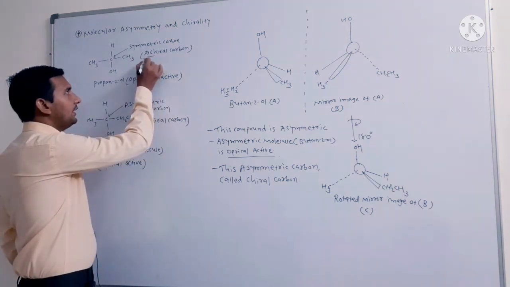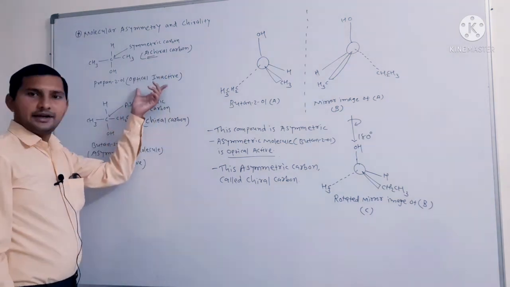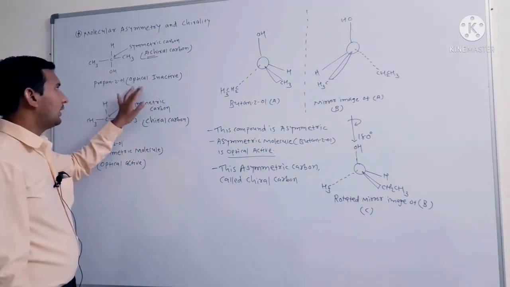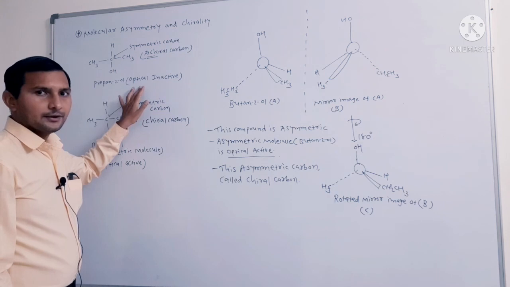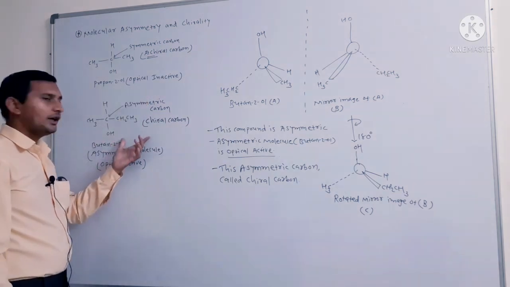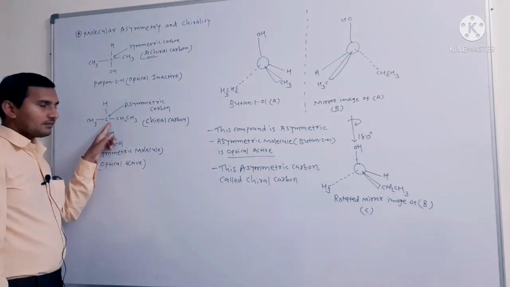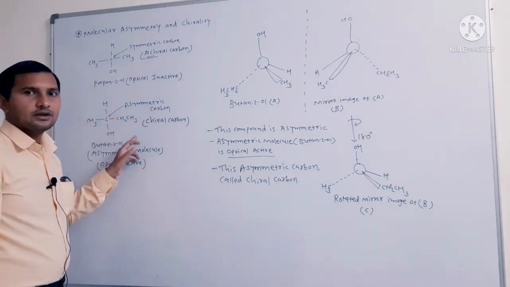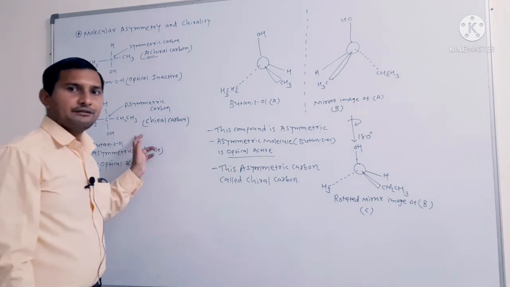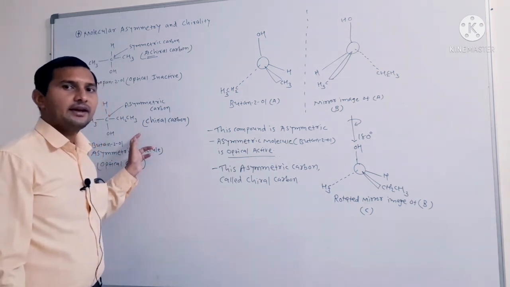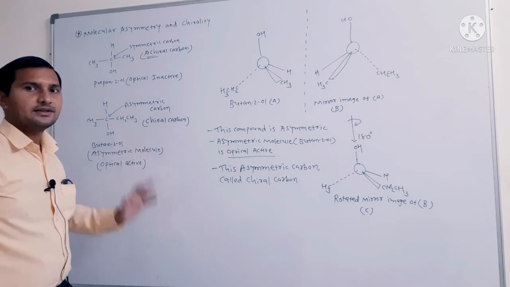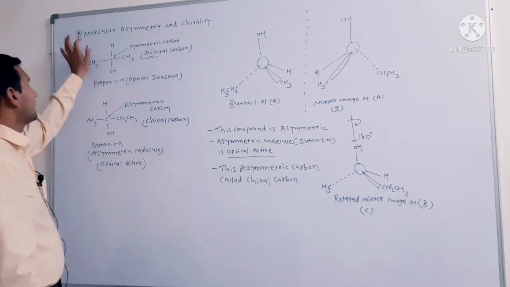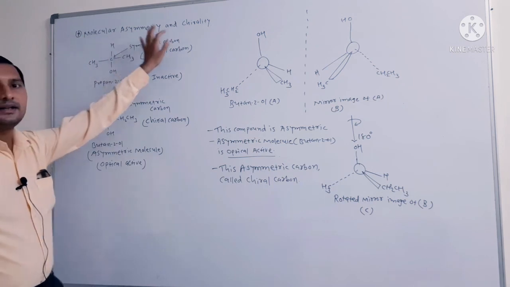An achiral molecule is optically inactive. So if we prepare an aqueous solution of propan-2-ol, it is optically inactive. And if we prepare butan-2-ol, which has a chiral or asymmetric carbon, then its aqueous solution shows the D or L form in the polarimeter, so it is optically active. So this is about optically active and inactive compounds, or molecular asymmetry and chirality.